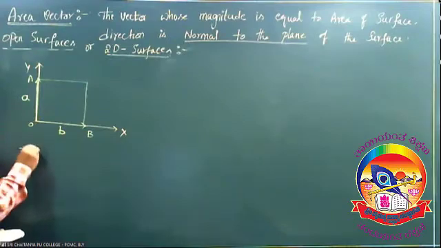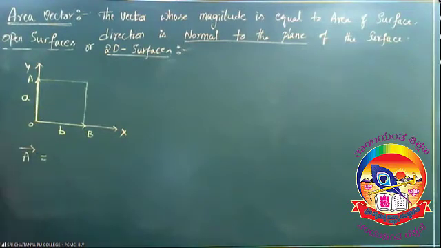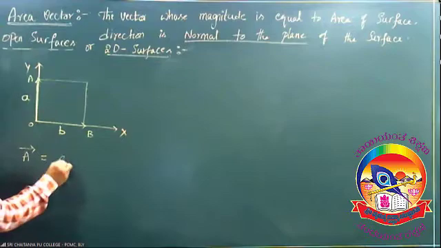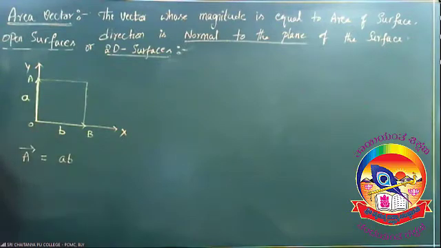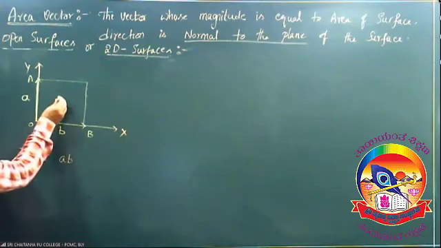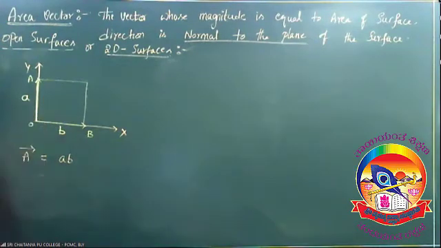The magnitude of the area is A cross B, and the direction is normal to it.